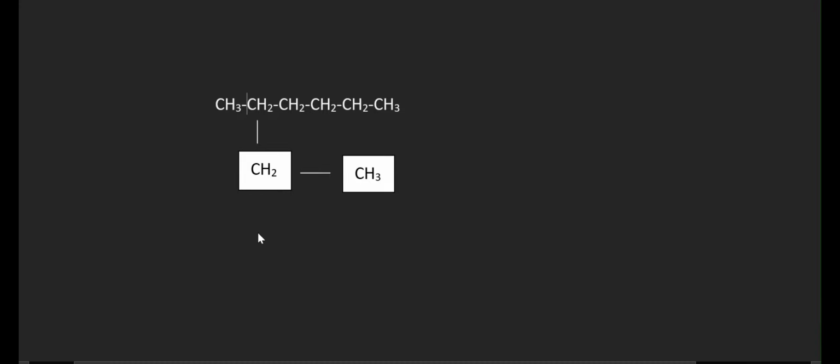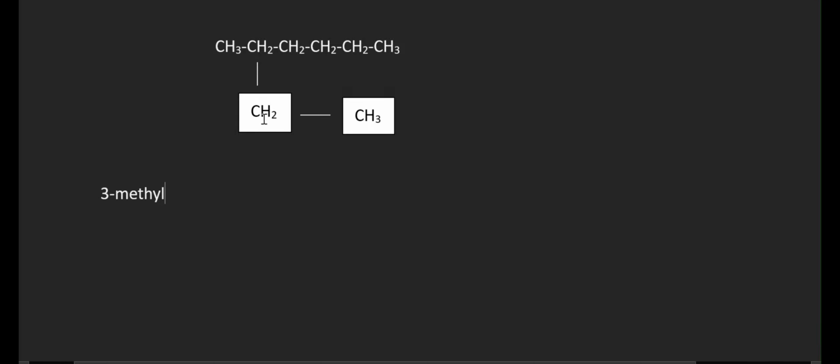So it will be hept, and we'll count it from this side, because if we count it from this side, this methyl is coming at the lowest possible number, that is 1, 2, 3. Third number it is coming. So the naming of this compound will be 3 methyl heptane.